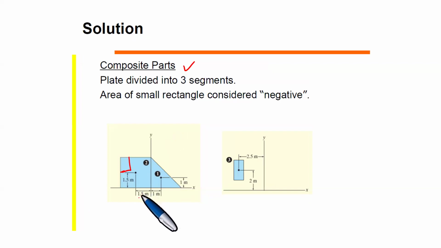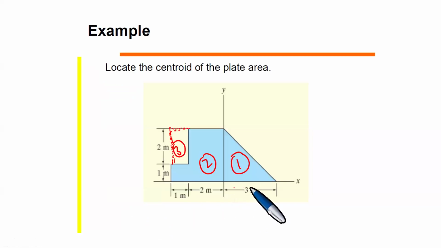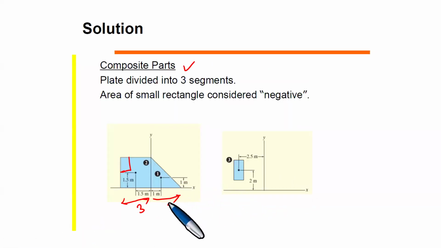If this one is 3 meters, and the base of the triangle is also 3 meters, and this is 1 meter, 2 meters, and then 3 meters, so it's 3 meters here and 3 meters up.